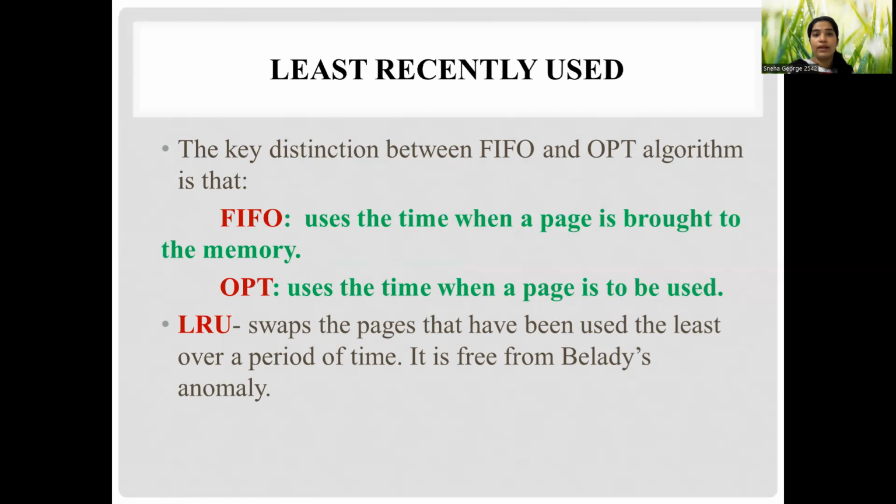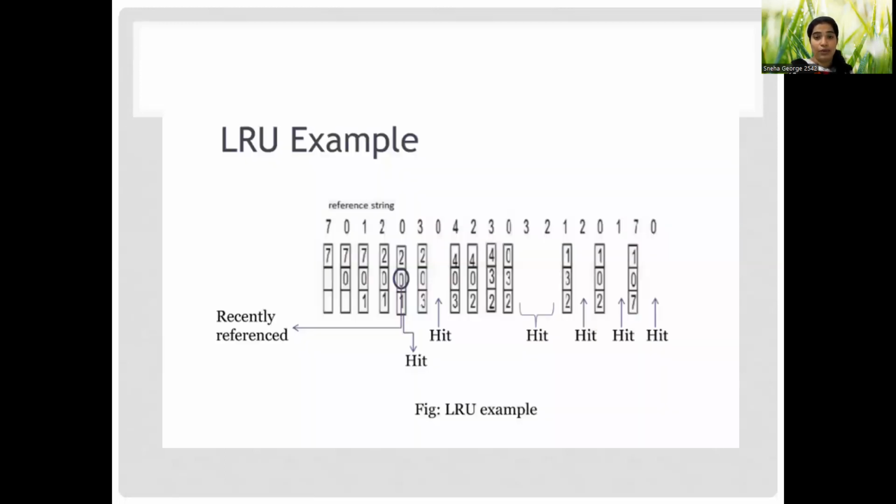Now, when it comes to least recently used, or LRU, it will swap the pages that have been used the least over a period of time. And this is also free from Belady's anomaly. So here, this is the LRU example that you're seeing. This is a reference string. The first three cases are almost the same as everything else. Now coming to 2, it is recently referenced, so 7 will be replaced by 2.